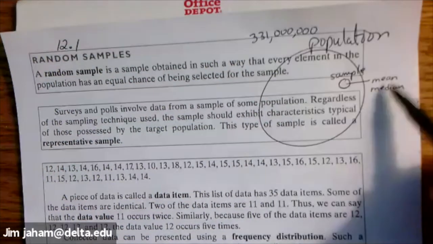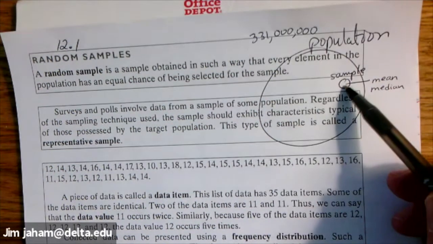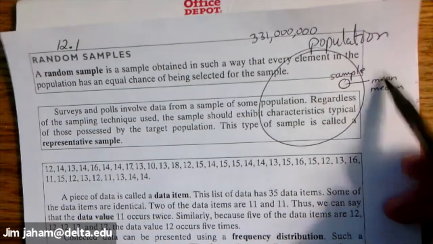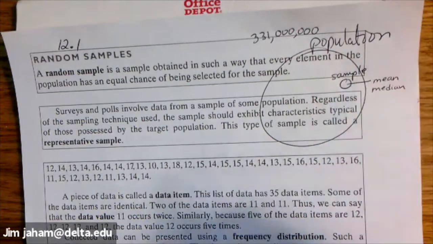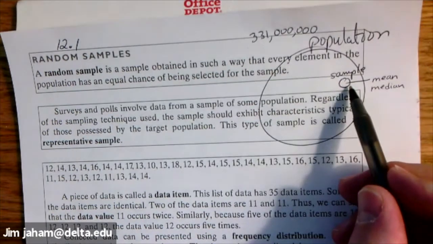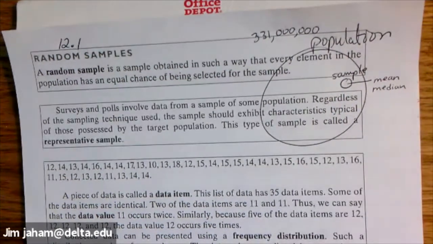It turns out that the mean we calculate from the small sample predicts the population fairly accurately, within a small error, the margin of error. And so we do a lot with taking these samples and predicting results.